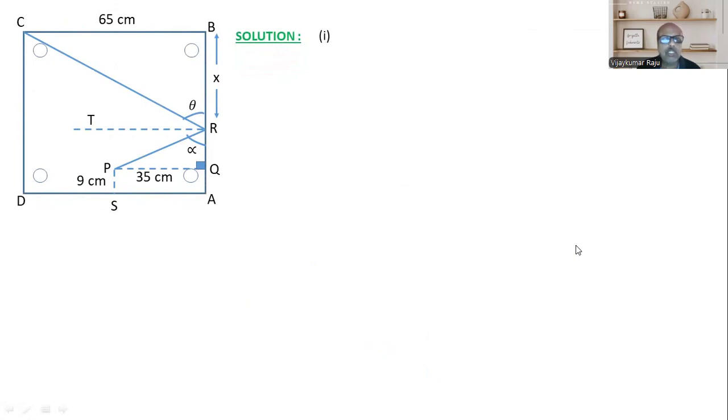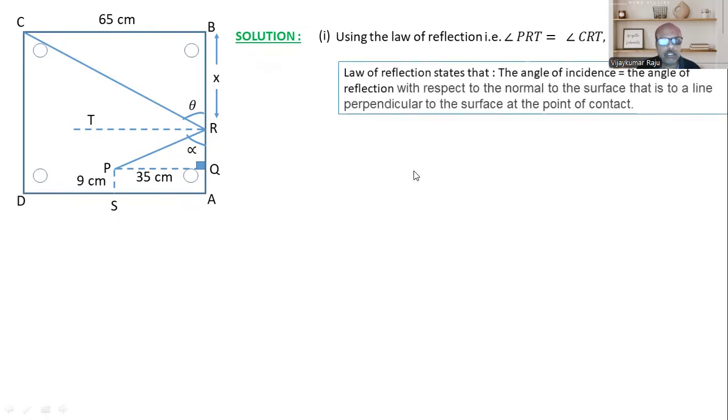first bit. Using the law of reflection, you have to prove that alpha is equal to theta. That means using the law of reflection, you have to prove these two angles are equal. Now, what is this law of reflection?